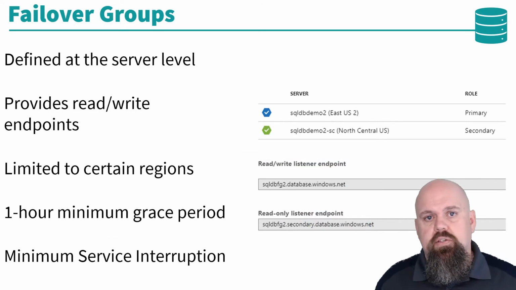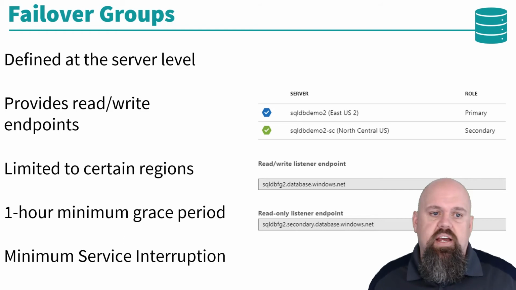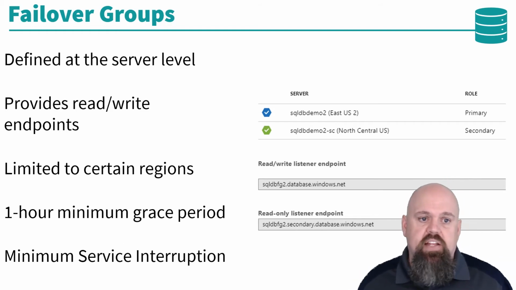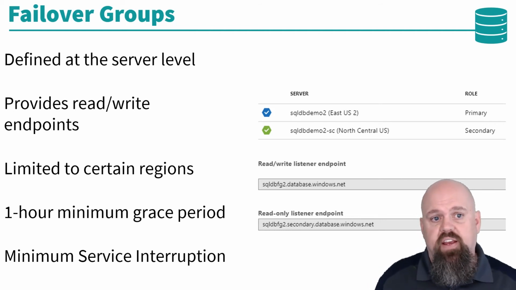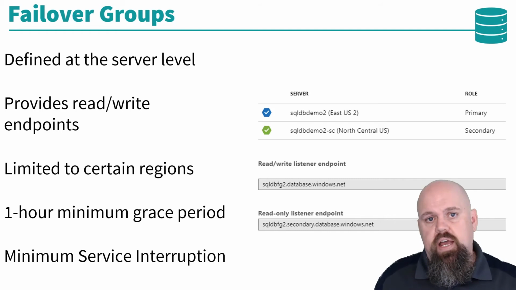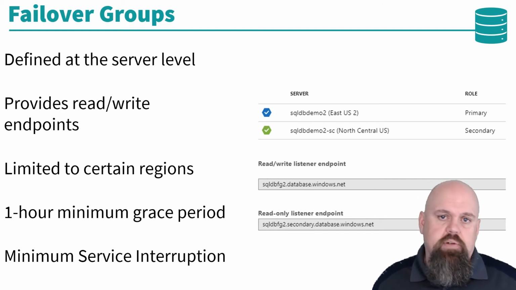Now, the other side of that is failover groups. Failover groups is what I would consider a step up from Geo-Replication. It provides redundancy, and it's defined at the server level. So I have to go into the logical server that is hosting the Azure SQL databases and configure a failover group. It does provide read-write endpoints, basically a built-in listener.